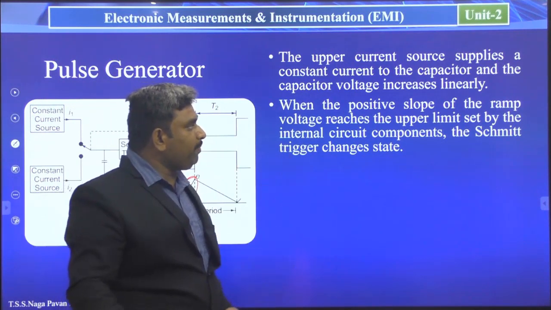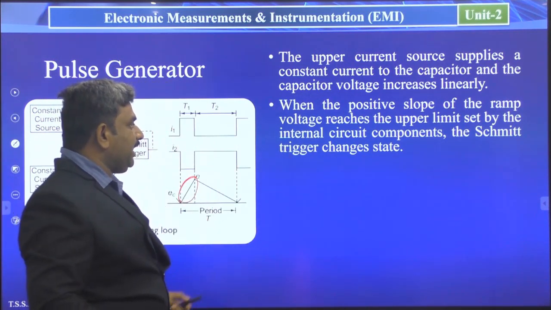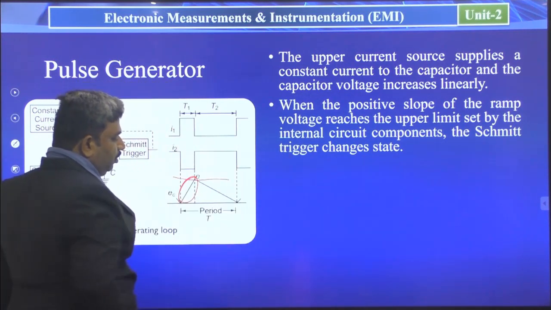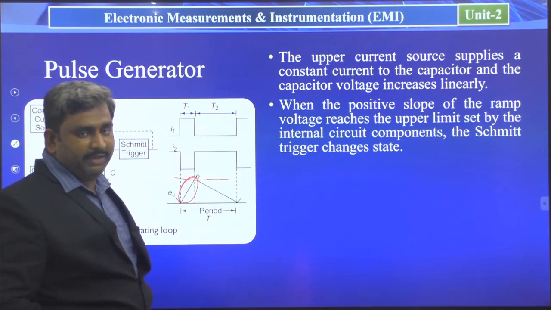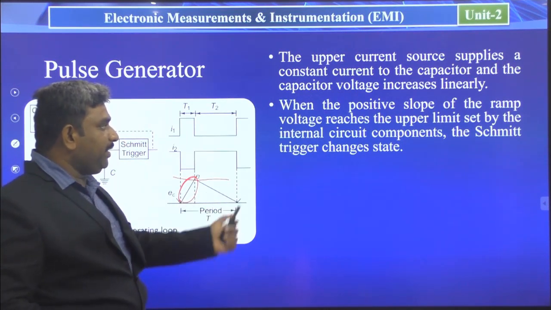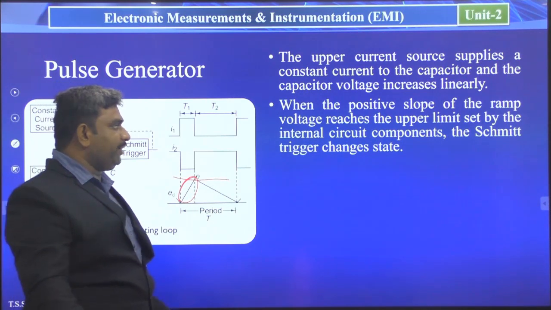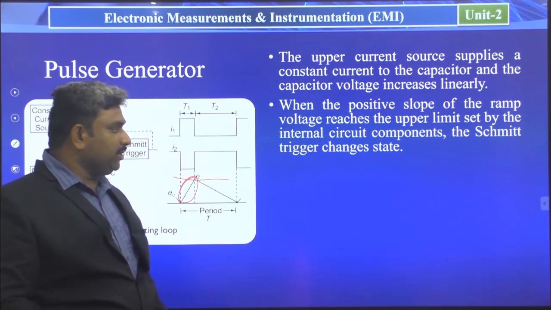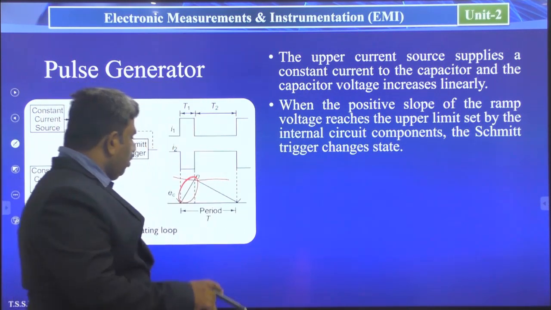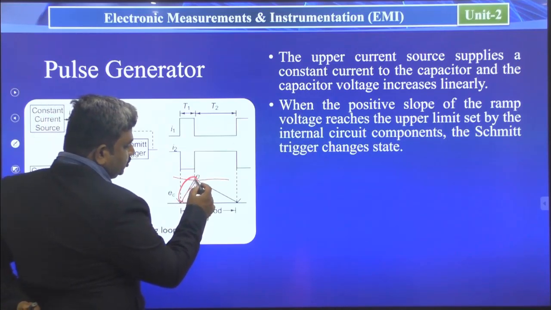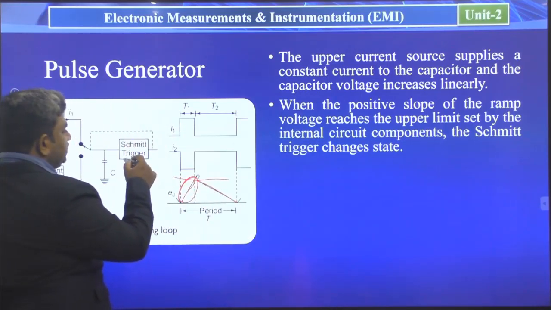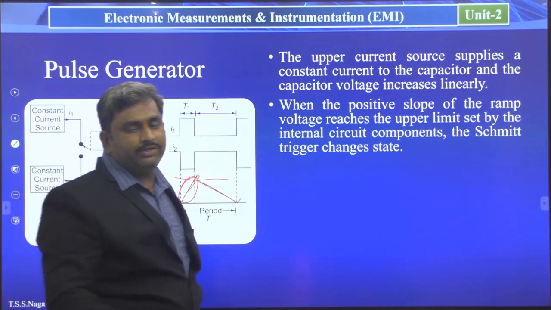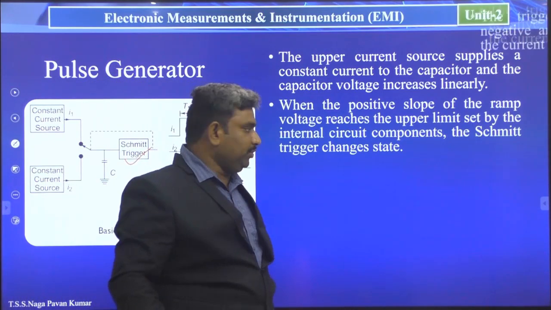When the positive slope of the ramp voltage reaches an upper limit, when this positive voltage reaches its maximum peak value, then the upper limit set by the internal circuit components of the Schmitt trigger circuit changes its state. So when this signal has to go down, that is decided by the internal components of the Schmitt trigger circuit.